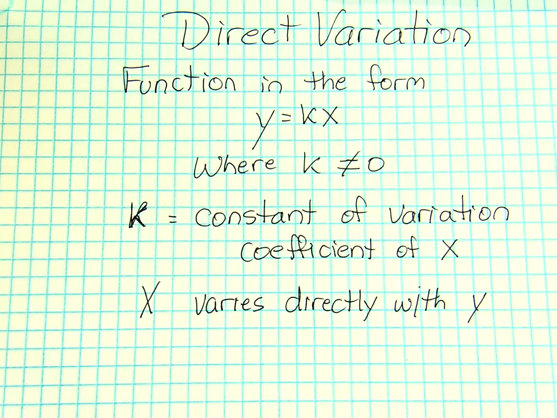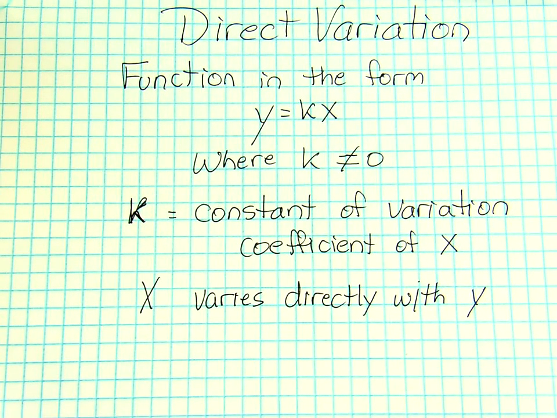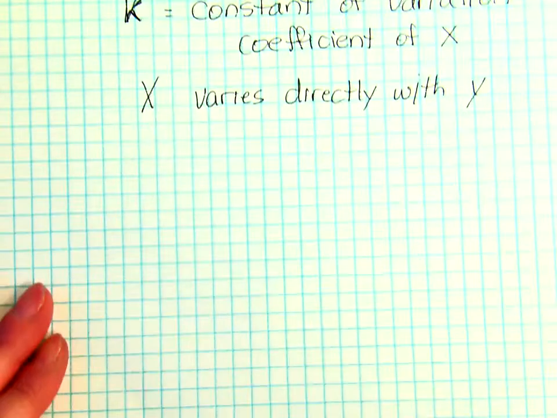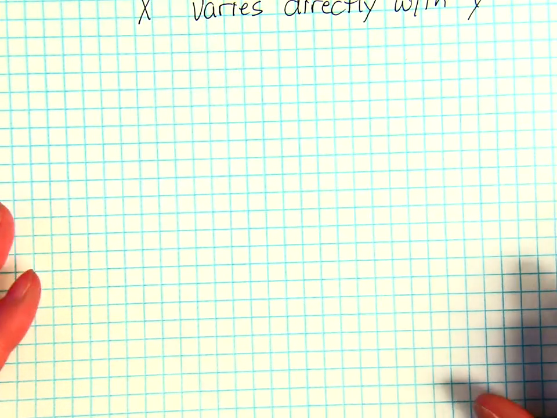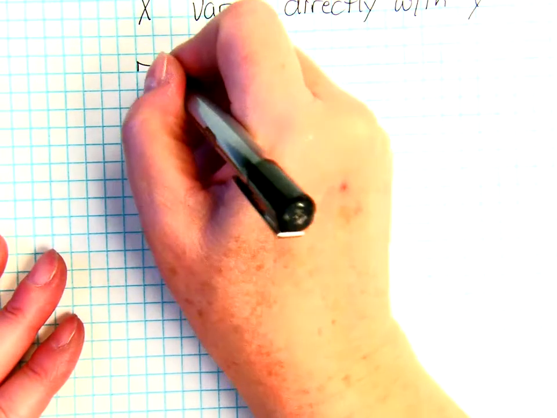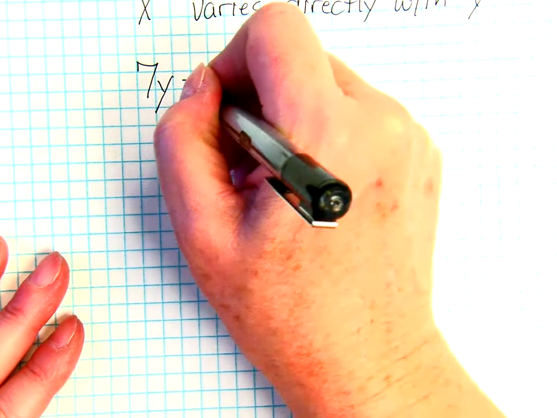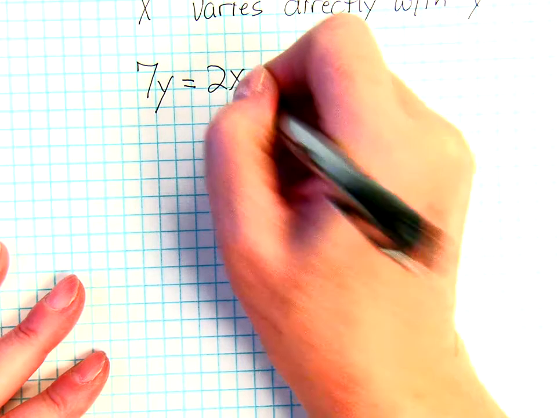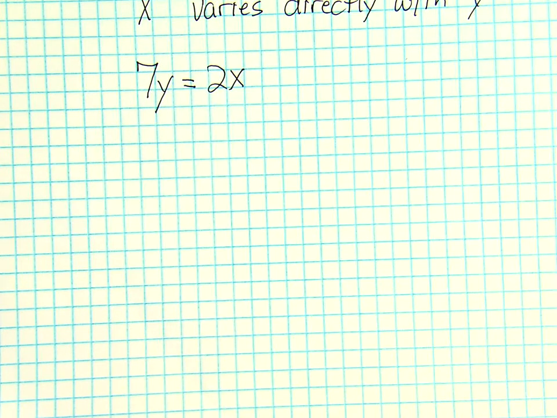So first of all, let's talk about whether an equation is a direct variation. Let's say we've got 7y equals 2x. We have to put this into y equals kx form, so we've got to get y alone.